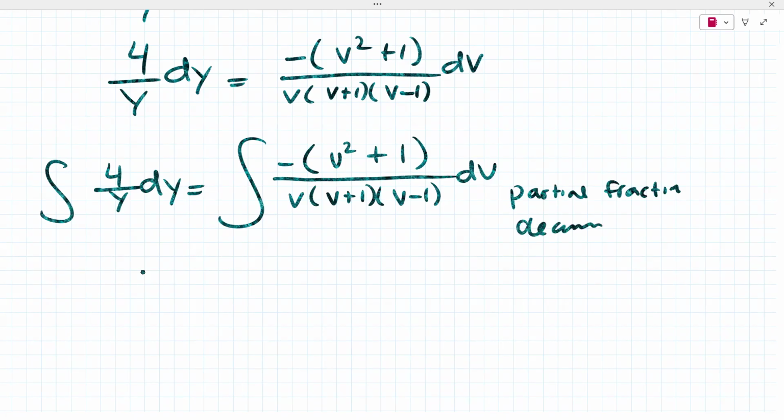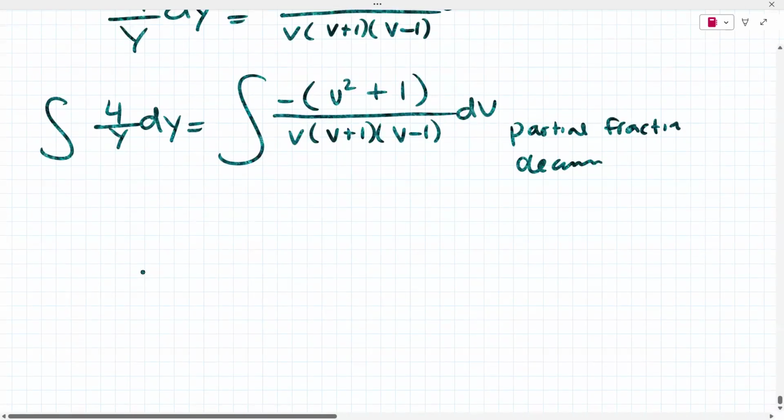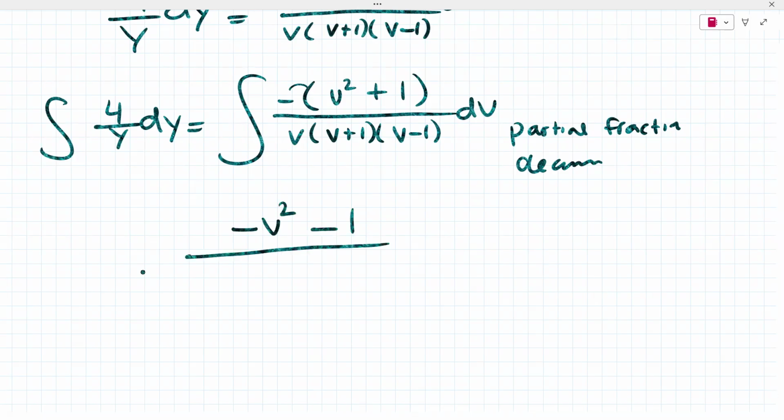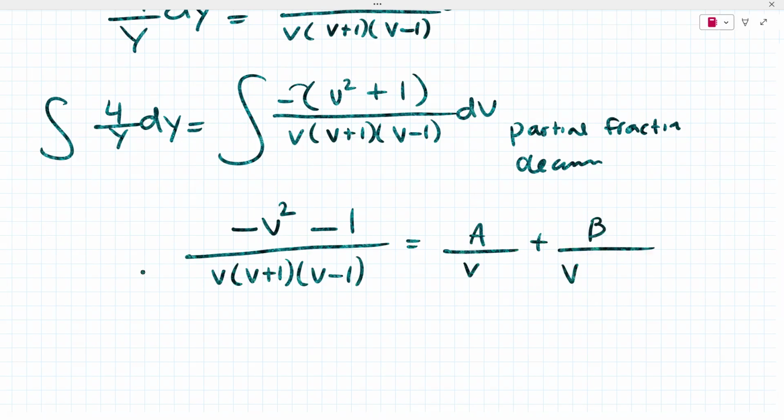So this will be set up like negative (v squared minus 1) over v times (v plus 1) times (v minus 1) equals a over v plus b over v plus 1 plus c over v minus 1.